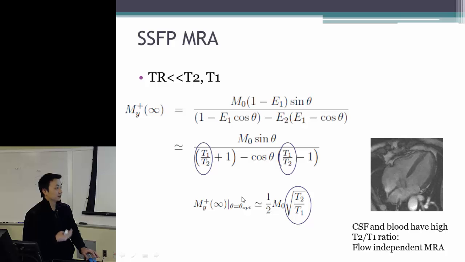Because of the very fast acquisition speed of SSFP, it is usually used to collect the dynamic imaging, flow imaging of the heart.